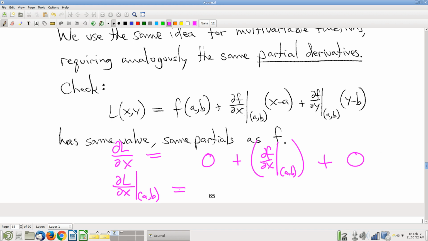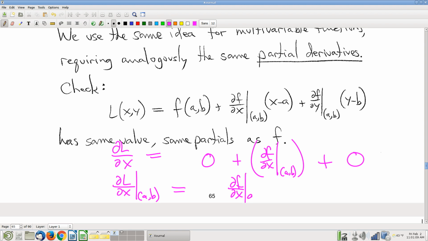It's a constant. Nice thing about constants, it doesn't matter what you plug into them, they are constants. Right? And so this is just the thing we have on the right, and I have partial of f with respect to x. I don't need those parentheses.